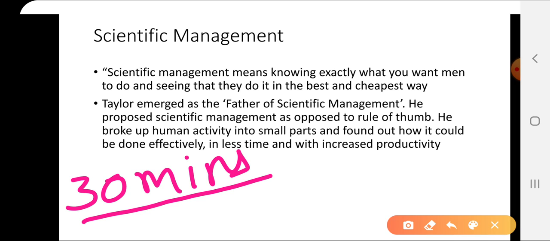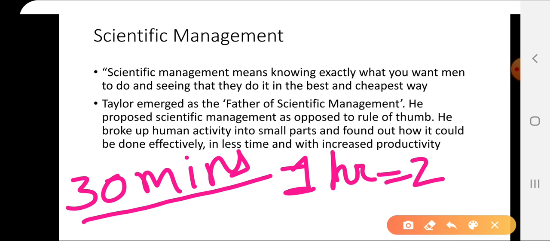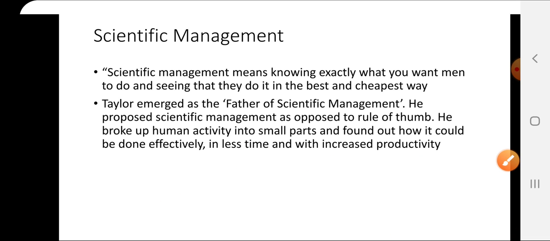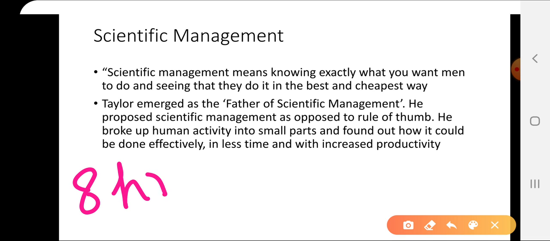It means in 1 hour he will make 2 boxes. In 1 hour, how many boxes can he make? 2 boxes, right?